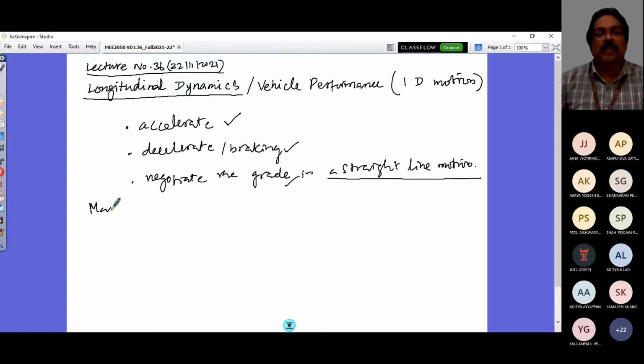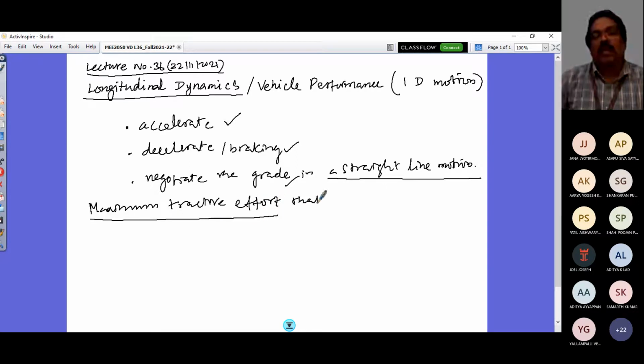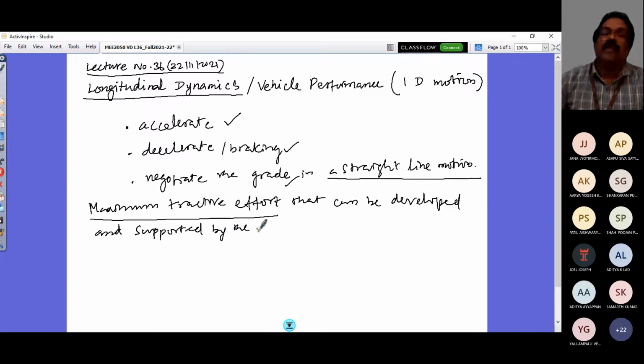The maximum tractive effort that can be developed and supported by the road surface.